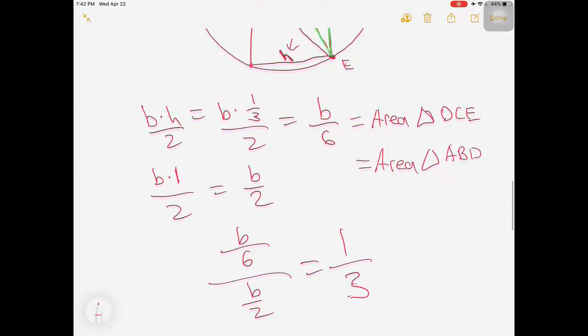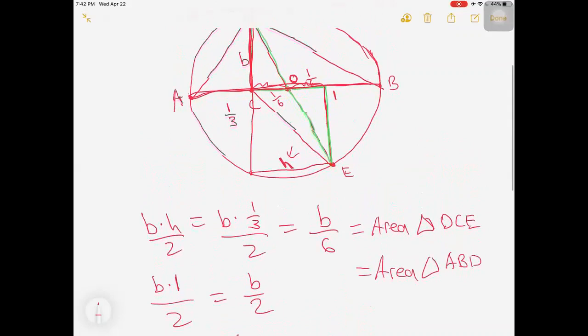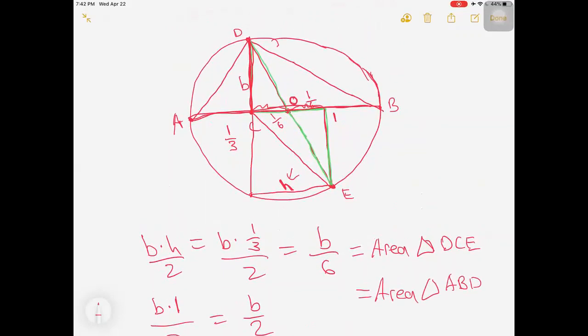Wait, sorry for the messy explanations. If you have any questions, you can just ask in the chat. There's always a lot of different ways to solve geometry questions.